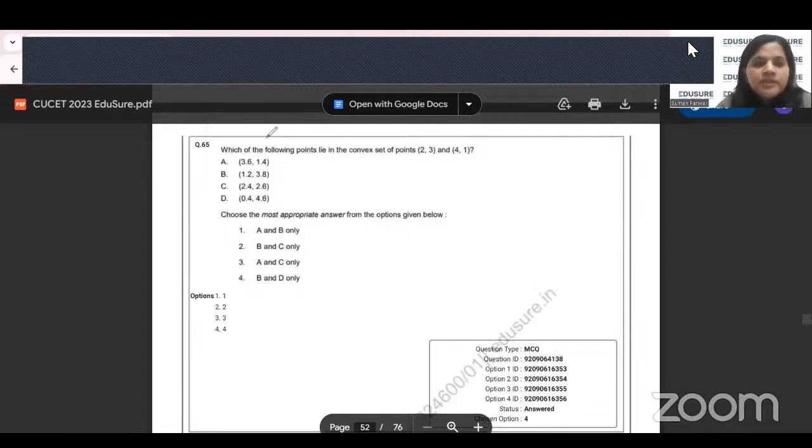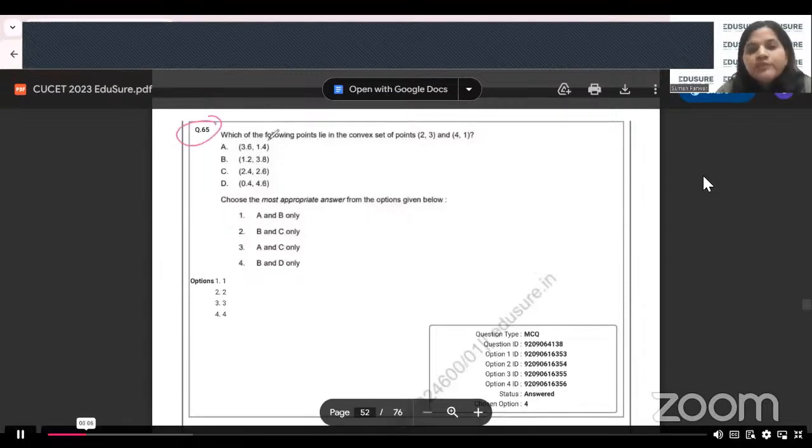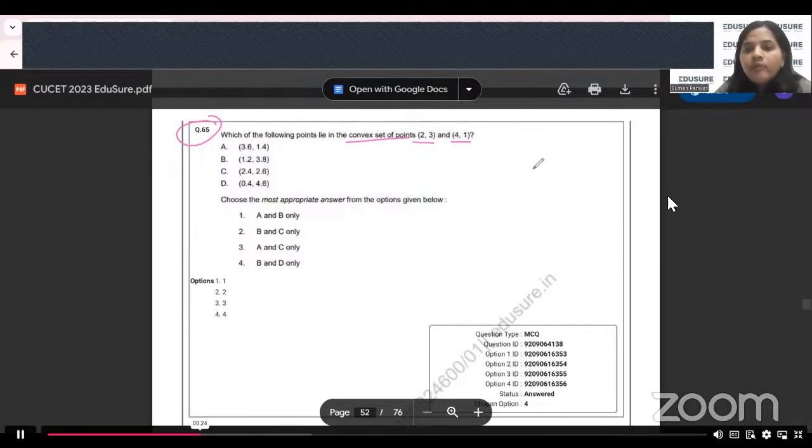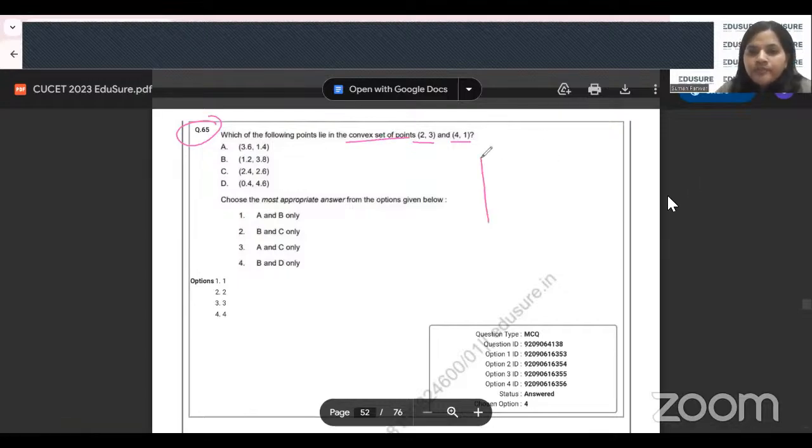CUET 2023, question number 65. Which of the following points lie in the convex set of points 2, 3, 4, 1? So basically what we have to do is that we have to draw the line joining these 2 points. Whatever points lie below that line will belong to the convex set of points, and whatever points lie above the line will not belong to the convex set of points.